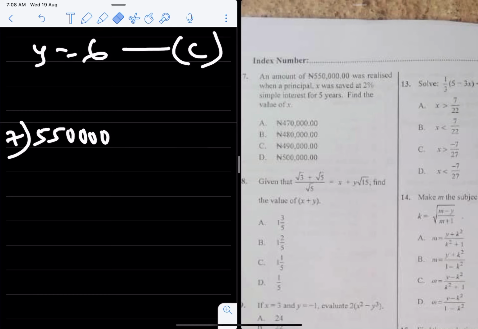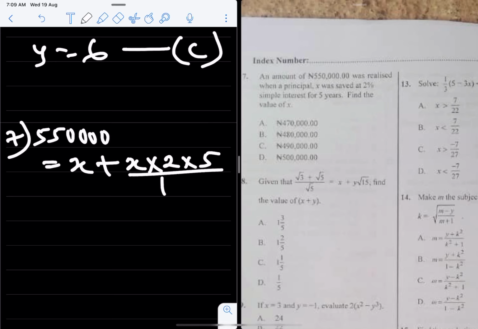Amount is equal to principal, which is X, plus interest. Interest is PRT over 100. That's X times R is 2 times time, which is 5 all over 100.